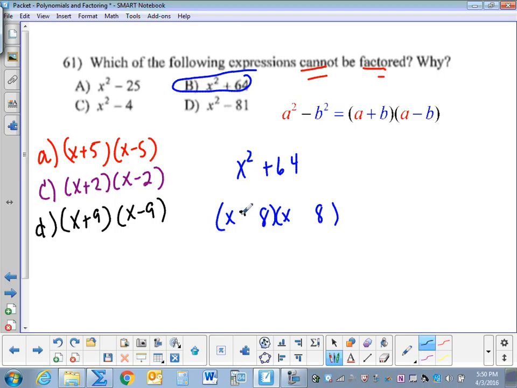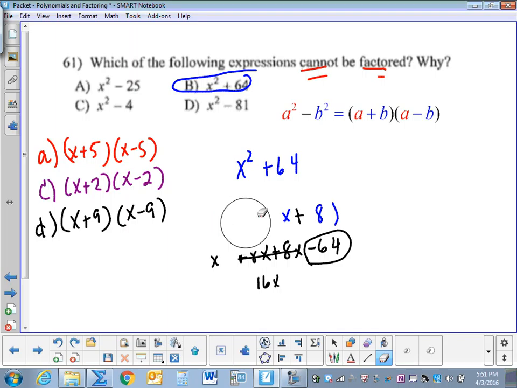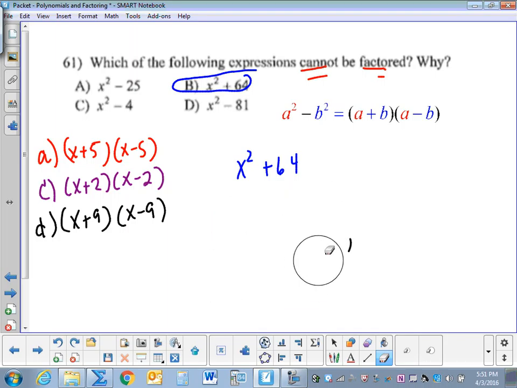So if I have a plus and a minus there, I'm always going to get a minus b here. If I had a plus and a plus, that's going to give me plus 16x as a middle term. And if I had a minus and a minus, it would give me a minus 16x.